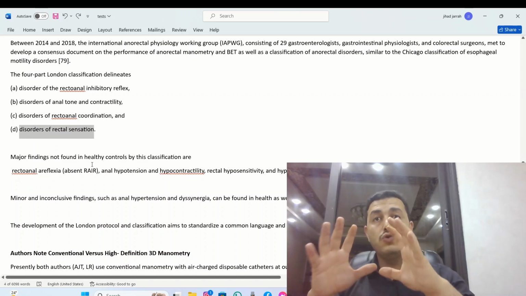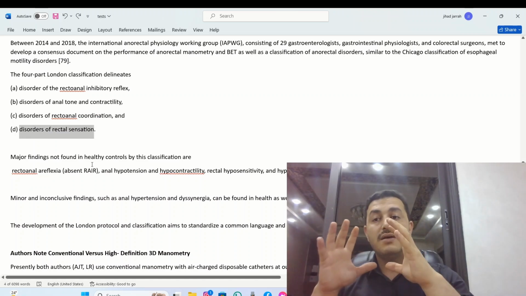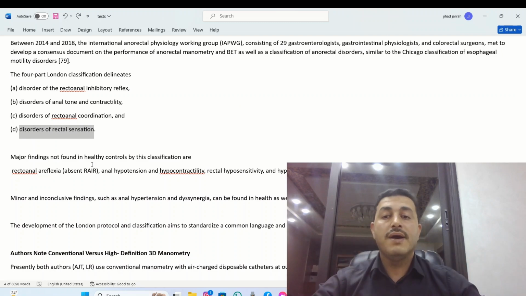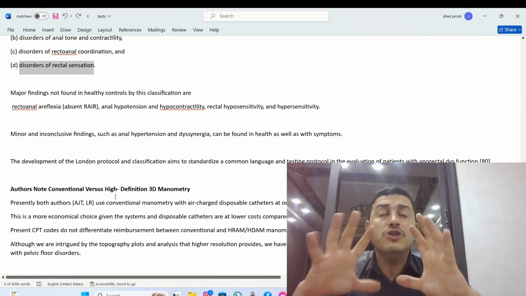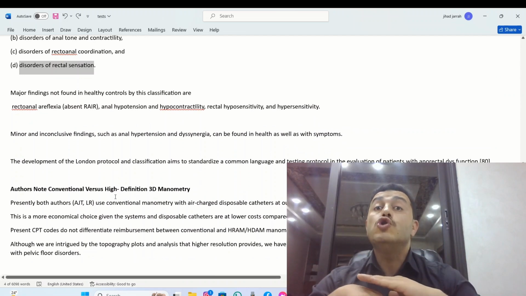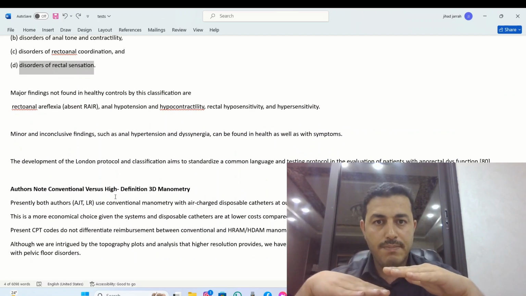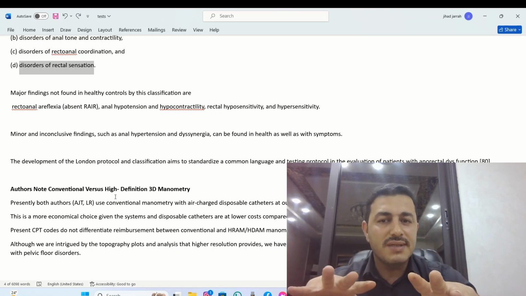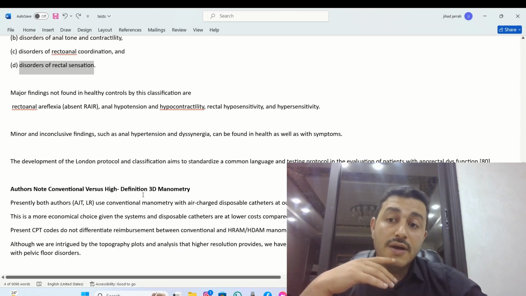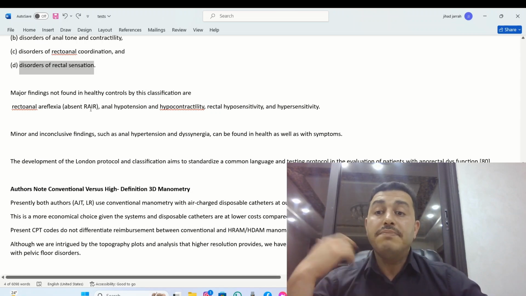We have to check these when we perform anal manometry, and they said there are major criteria that shouldn't be in a normal patient, and minor criteria that may be present in a normal patient.